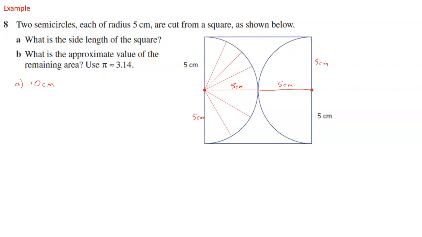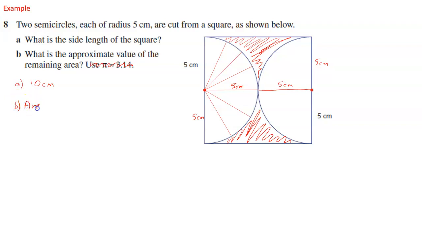The value of the remaining area, what this is asking for, is this area and this area. And we're obviously not going to use pi equals 3.14, we're just going to do it in terms of pi.